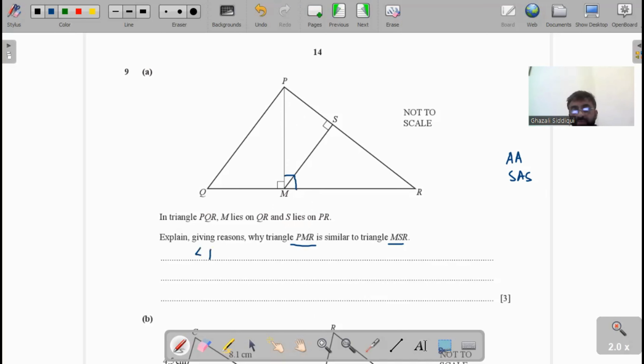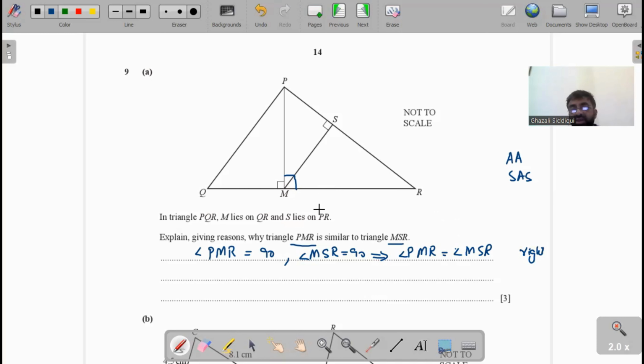Now you can see that MSR is also 90. Now PMR and MSR are 90, therefore we can write angle PMR equal to angle MSR, and the right angle given.